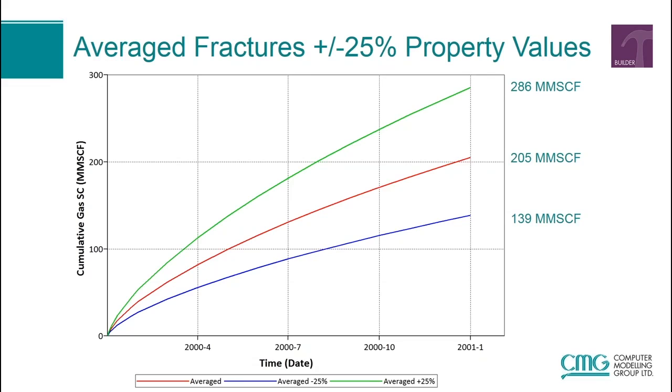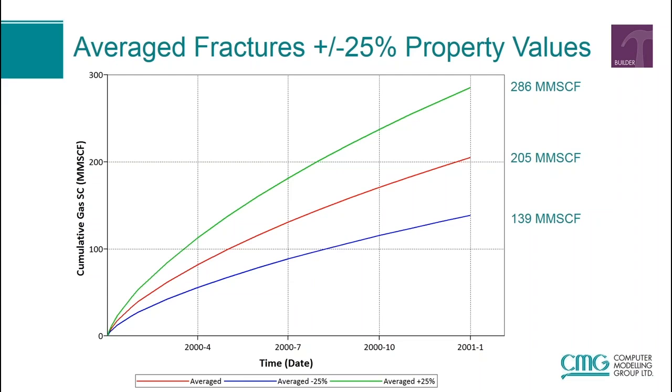Let's focus on the averaged case. What if we're unsure of the estimates for our hydraulic fracture conductivity and half length? If we vary these properties, say plus or minus 25%, we find the impact on gas production over only a year is already 35% on either side.